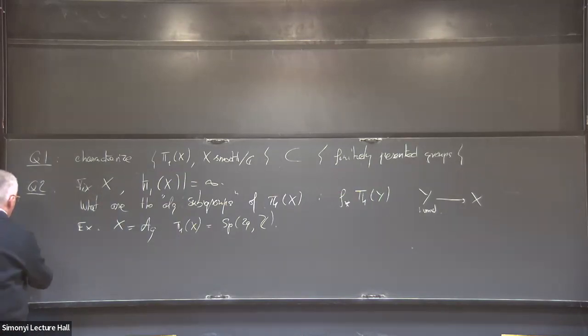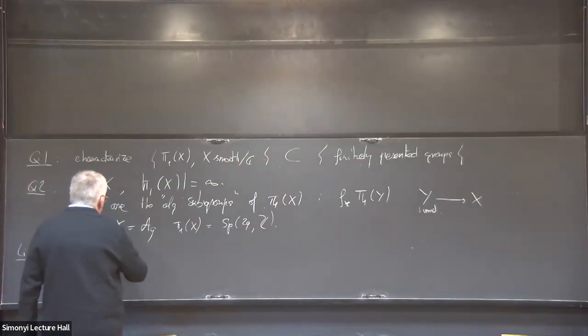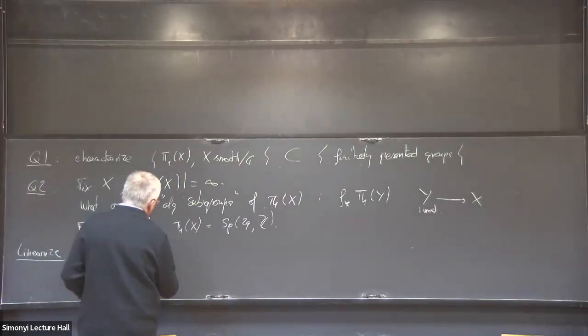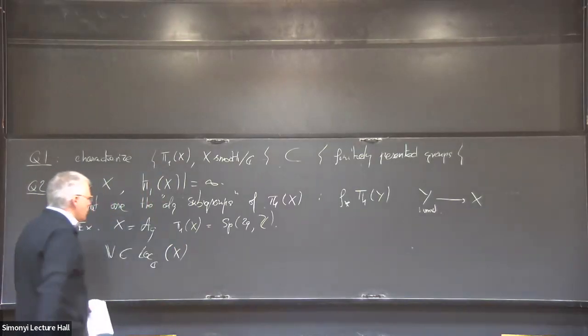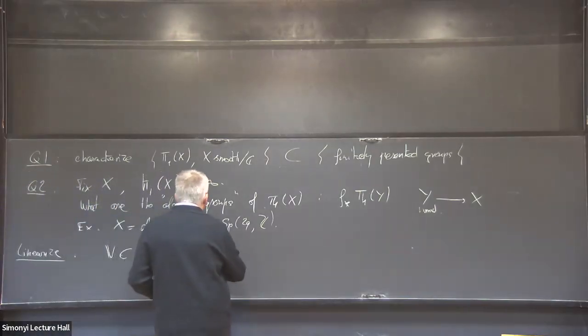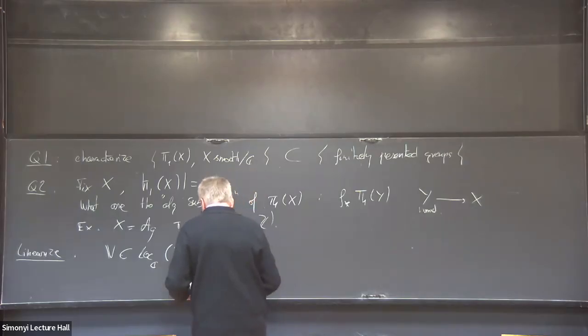Okay, so let's linearize. This means that rather than considering pi 1 of X, I will fix a local system V with complex coefficients on X. Associated to this, I get an algebraic group, which is the algebraic monodromy group.